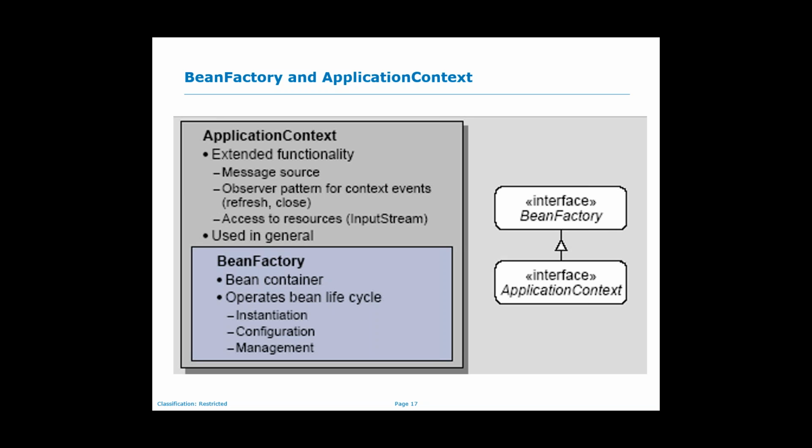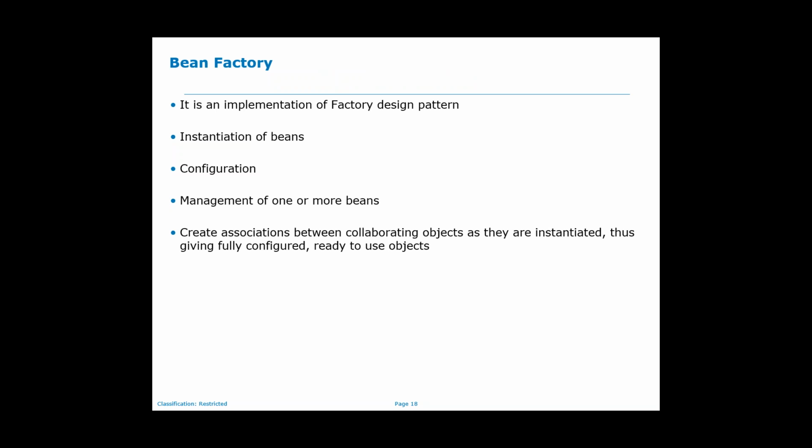The job of the bean factory is to read the configuration file from your application and then create the objects out of it. It provides the bean container, a repository for your beans, and it operates the bean lifecycle: instantiation, configuration, and management. All three are managed by the bean factory.